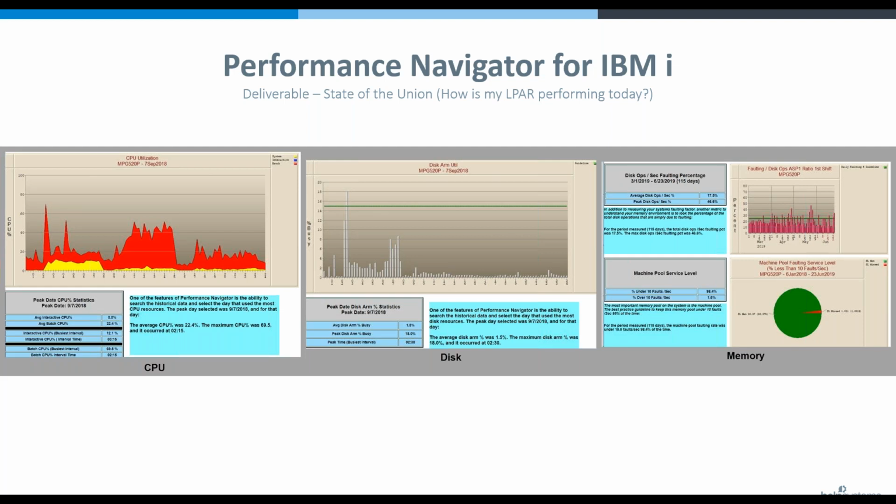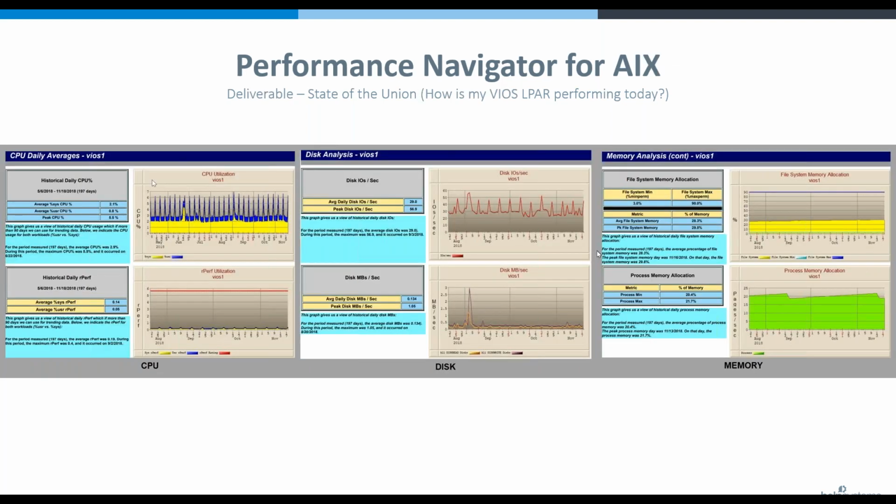So in that particular case, you can see that this particular machine spends a lot of its disk performance doing faulting, which again, performance is at a minimum a three-legged stool. If you count network, you could say four, and that's a balancing act, right? So you need to balance all three of these, which is why we produce these graphs at this level. If you go to the next one, you can see this happens to be a VIO server.